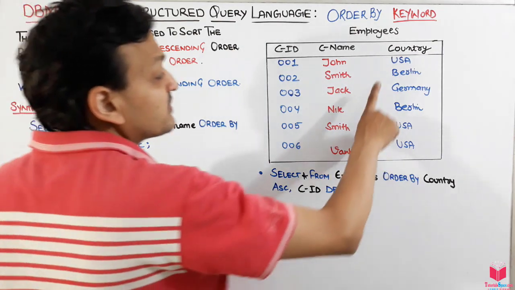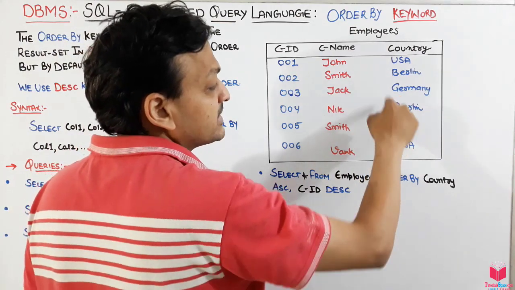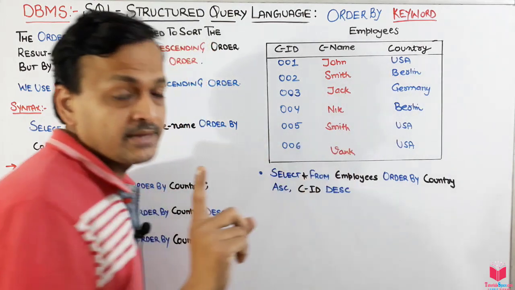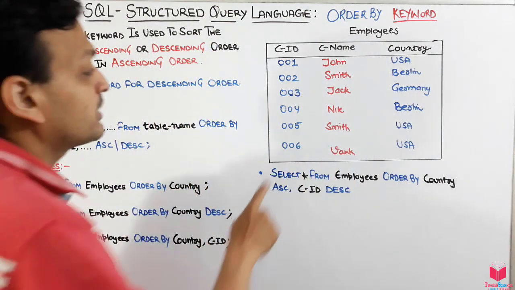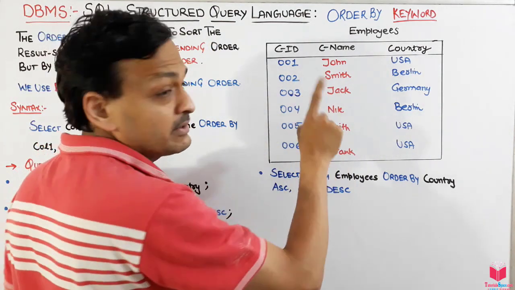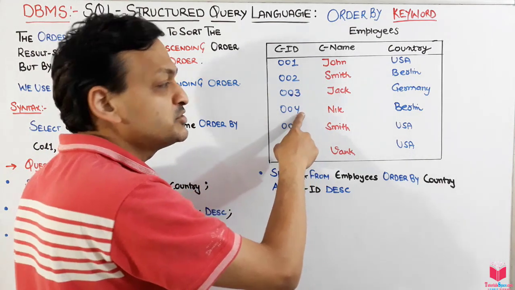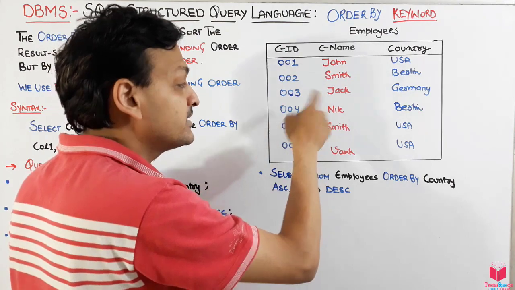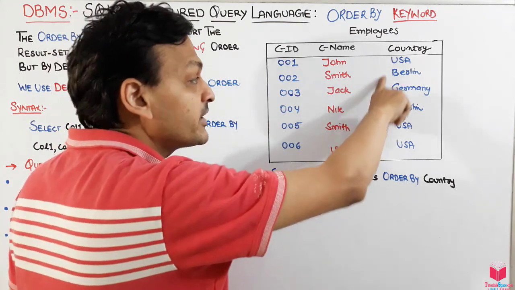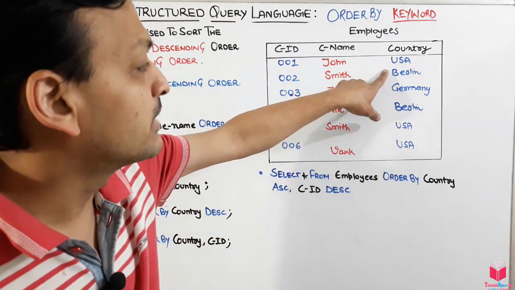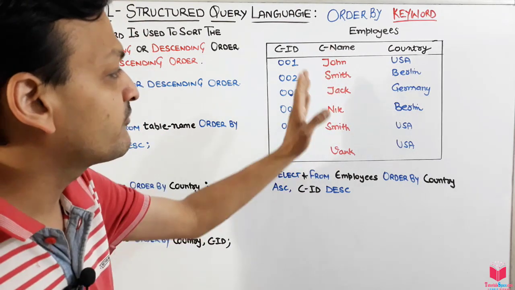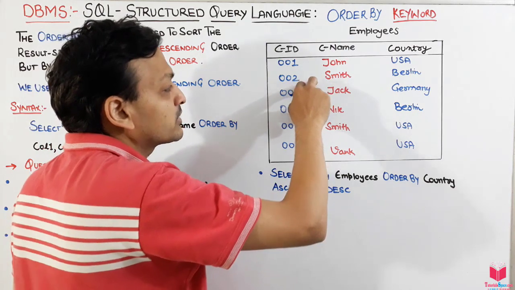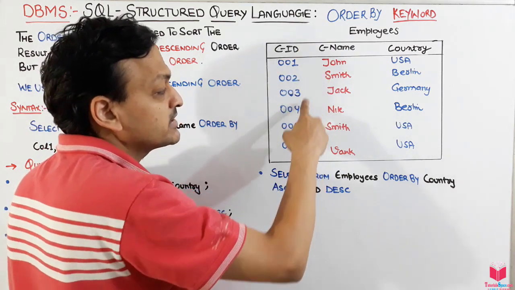First comes Berlin, and Berlin again, but both are the same, so it will sort the output on the basis of CID. First will be 002 and then 004. It already sorted the country Berlin, but after that, if we get a redundant value, it shows it on the basis of CID, so 002 and then 004.